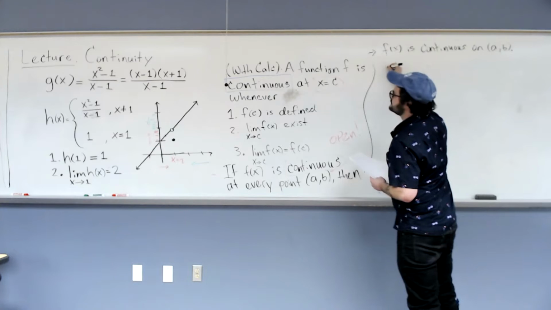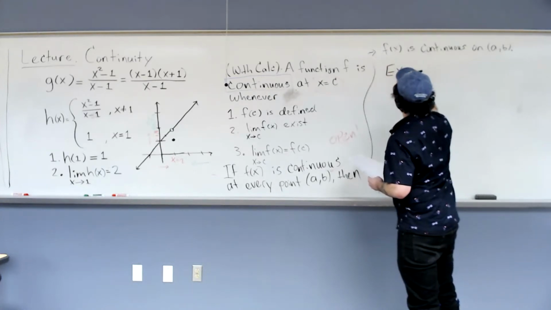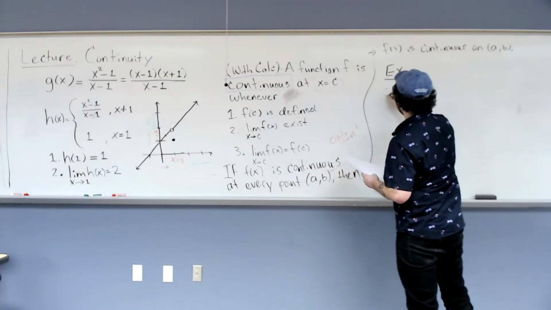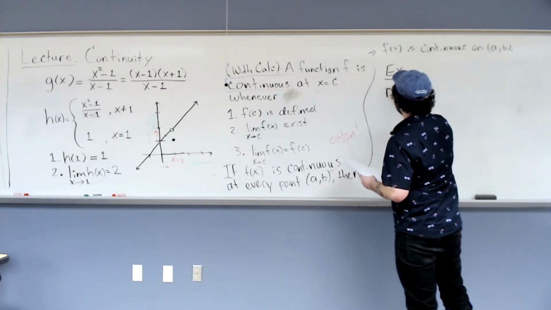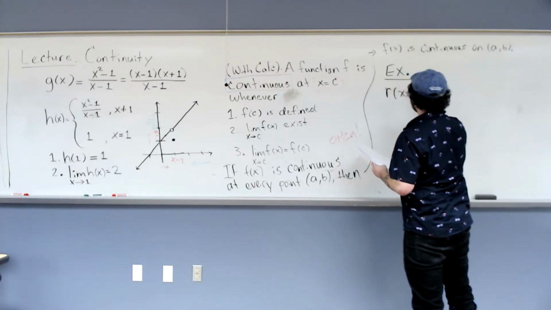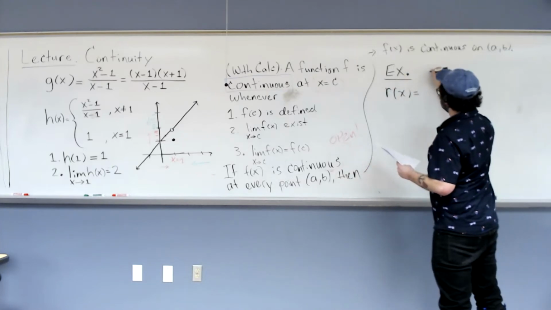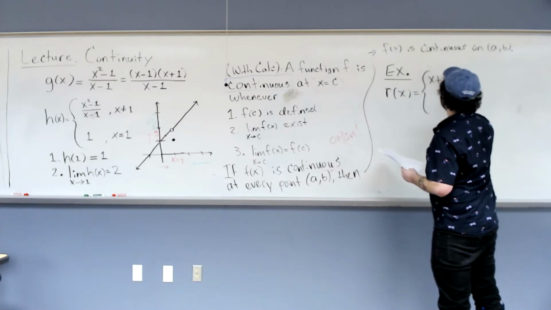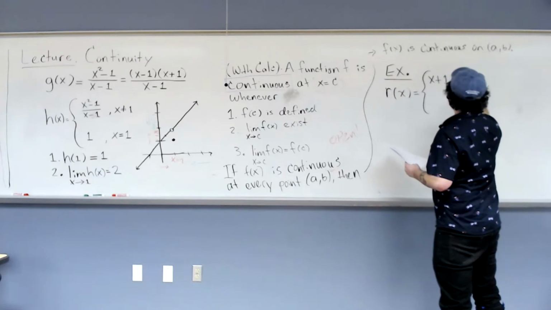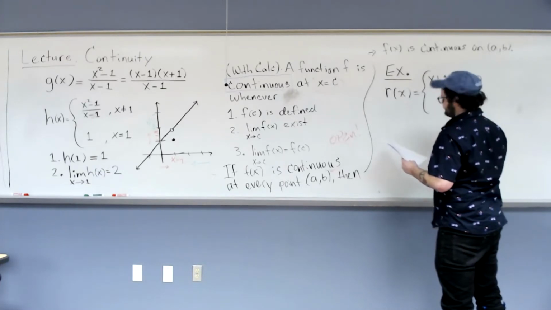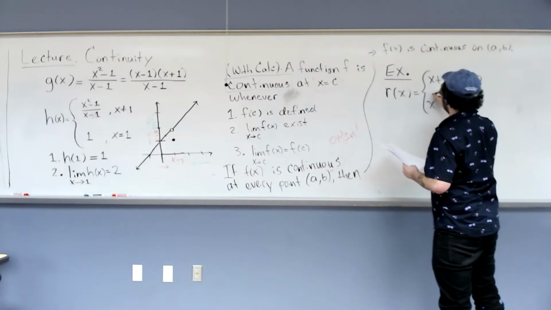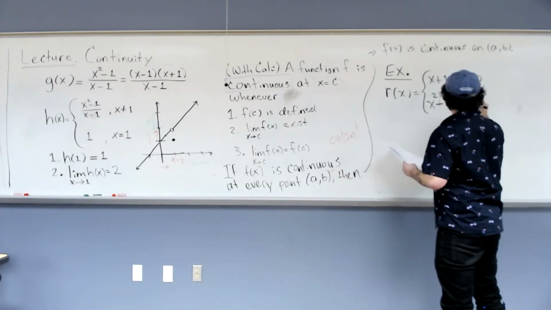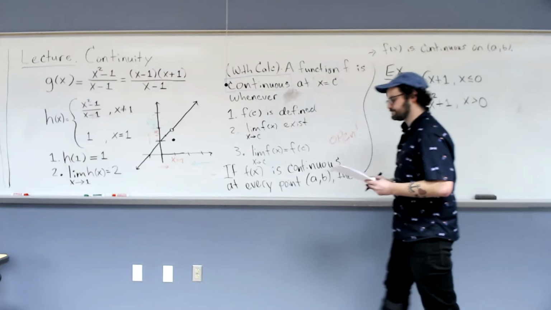So another example. Let's say we call it R. R of x is equal to a piecewise function: x plus 1 whenever x is less than or equal to 0, and x squared plus 1 whenever x is greater than 0.